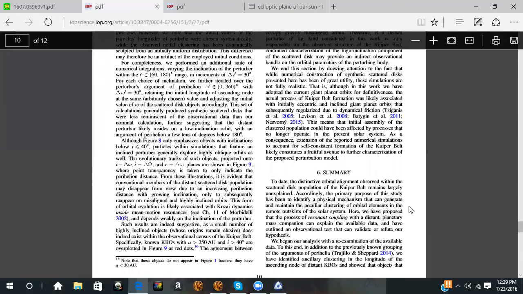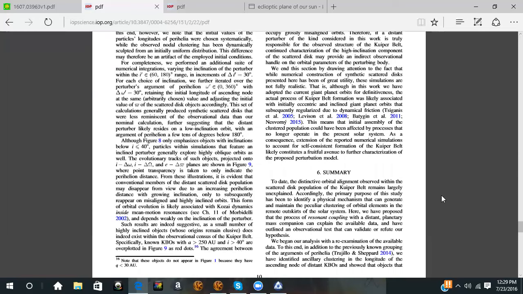The orbital alignment within the scattered disk population of the Kuiper belt remains largely unexplained. Accordingly, the primary purpose of this study has been to identify a physical mechanism that can generate and maintain the peculiar clustering of orbital elements in the remote outskirts of the solar system. Here we have proposed that the process of resonant coupling with a distant planetary mass companion can explain the available data, and have outlined an observational test that can validate or refute our hypothesis.